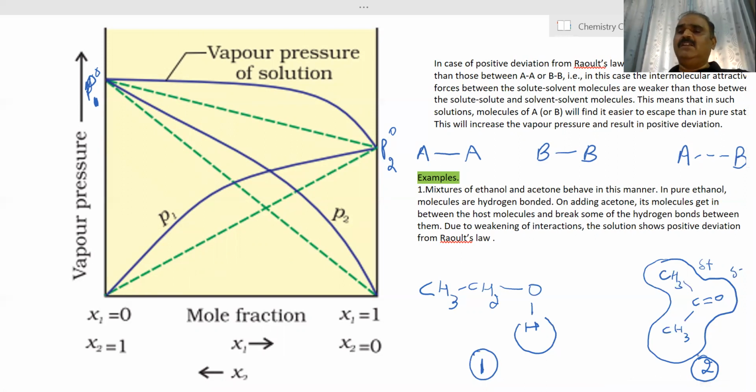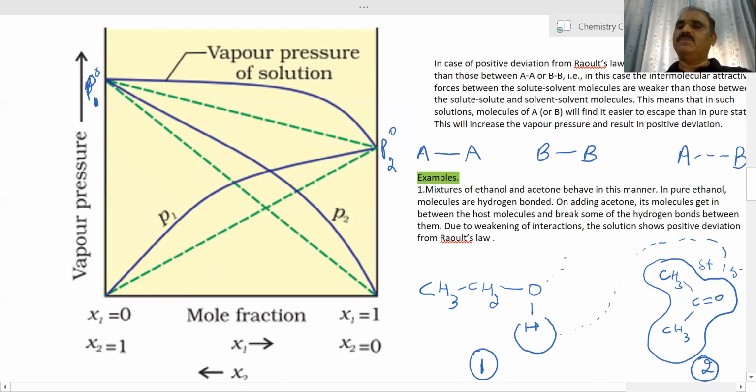See, this oxygen will form some kind of H bonding with this H atom. But this O cannot form H bonding with the acetone molecule, because in the acetone molecule there is no acidic H. No acidic H is present on oxygen.